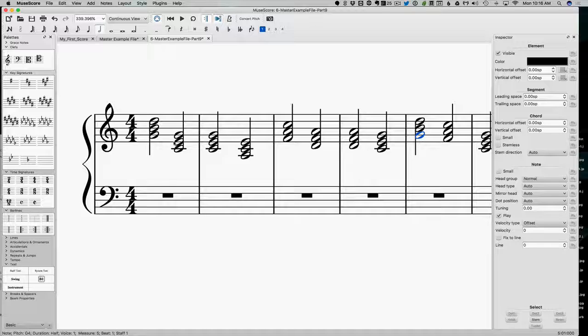So, for example, what happens if I go down a fifth between two chords, like G to C, and then I go down another fifth?